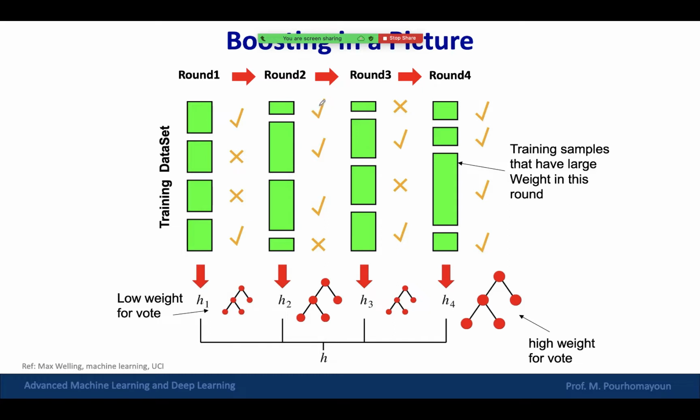But the performance of this second classifier was better, so we give more weight to its classification in the final decision making. And the last one had the best performance, so we give more weight to the last one. But again, this is voting, right? We combine the results of all of those classifiers using a voting technique, but give more weight to better classifiers.